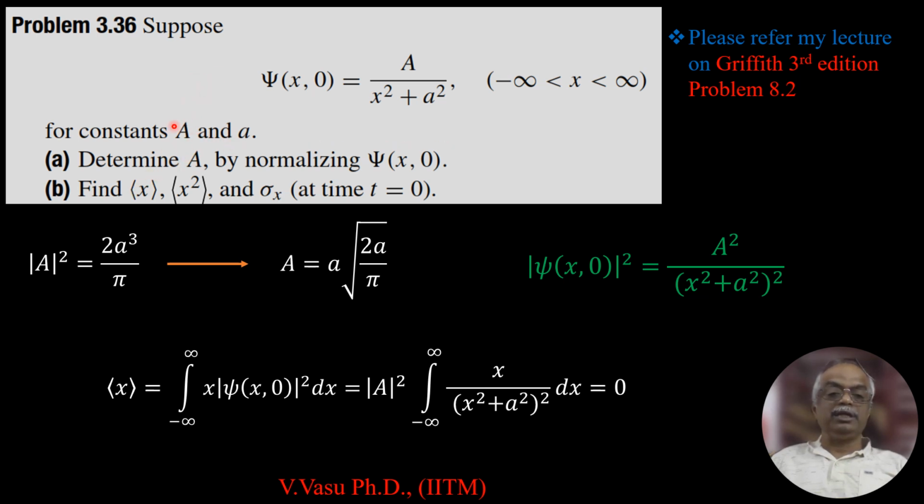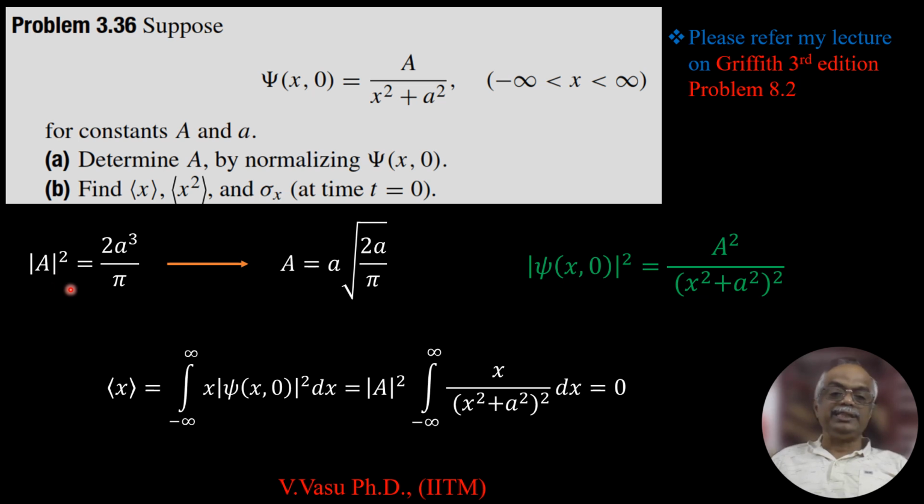First, this problem contains 5 parts. We will solve the parts one by one. First, for the normalization constant, please refer to my lecture on Griffiths, Third Edition, problem 8.2.